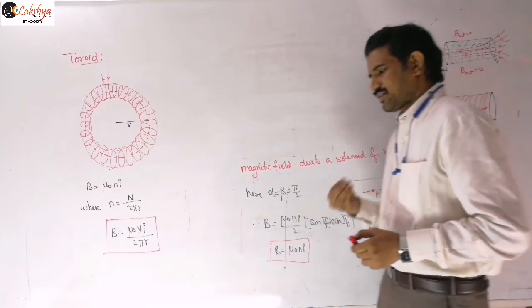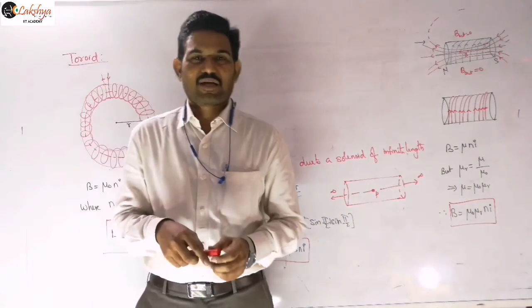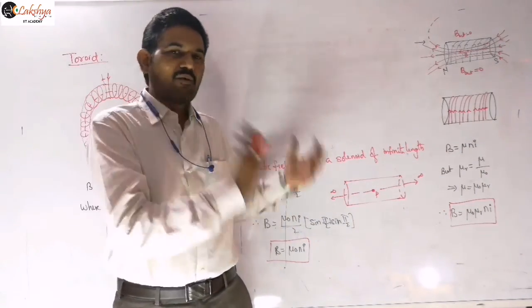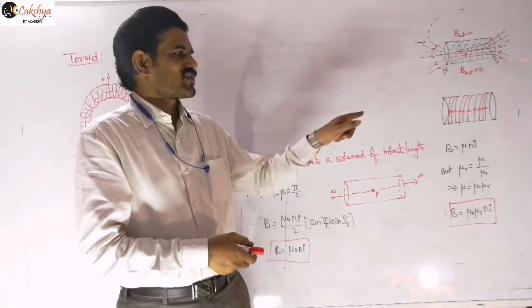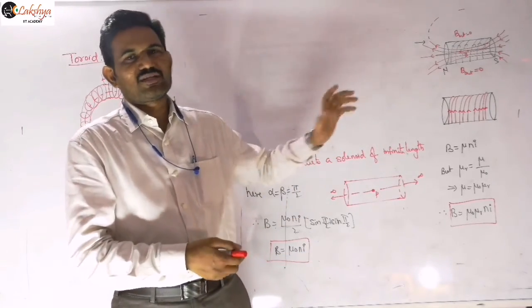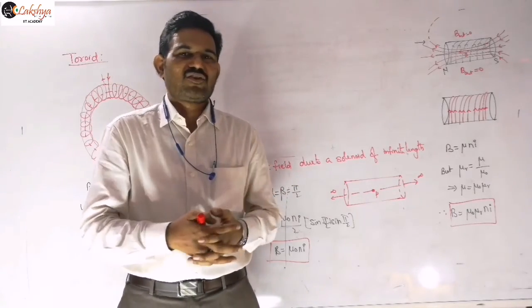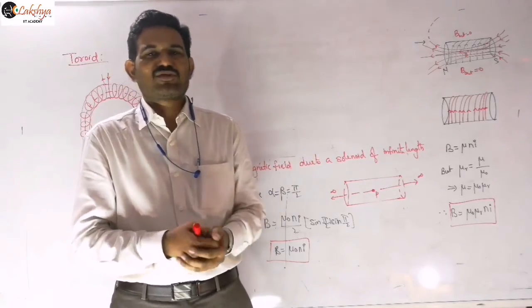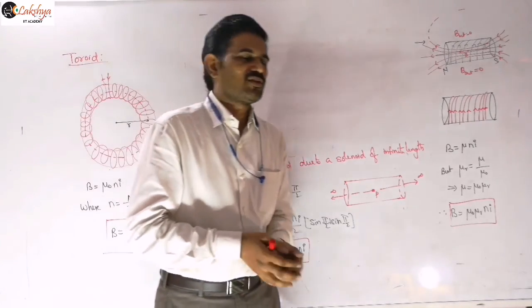Or they may give applications like what we discussed already, the motion of a charged particle in magnetic fields. They may combine that concept with the solenoid, because if you project a charged particle from inside this solenoid, it will travel inside this magnetic field. Then we need to apply the motion of a charged particle concepts again.